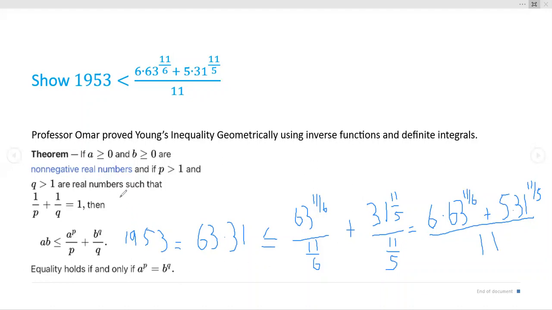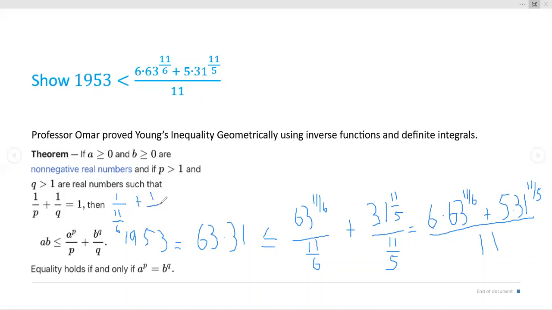Let's go ahead and verify this condition right here. This condition of the sum of the reciprocals having to equal 1 also prevails. I'll just write it down: 1 over 11 over 6, plus 1 over 11 over 5.